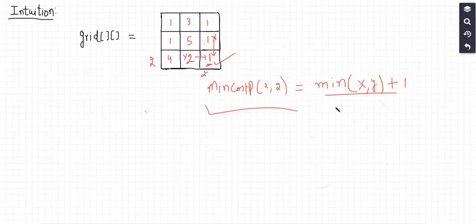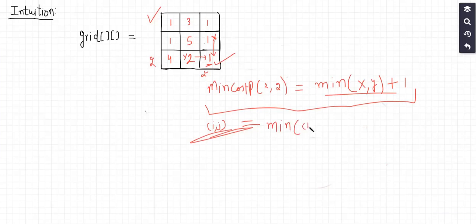So that's giving me a recurrence relationship. That means for any generic cell i and j, if I want to reach this cell starting from the first cell, such that the path that I am taking has least cost, then I have to check for the minimum of the cost for cells i minus 1, j and i, j minus 1.